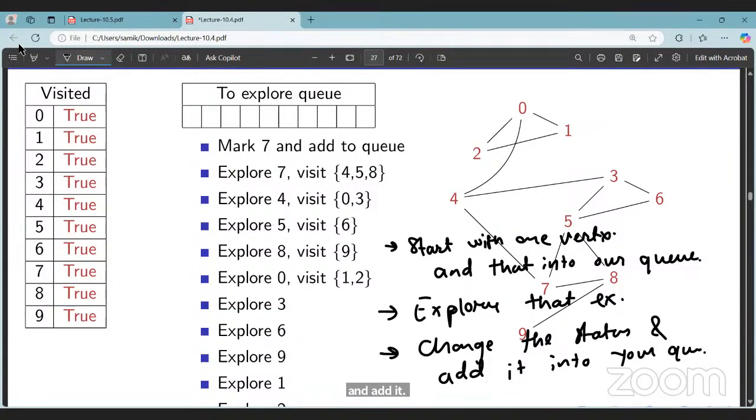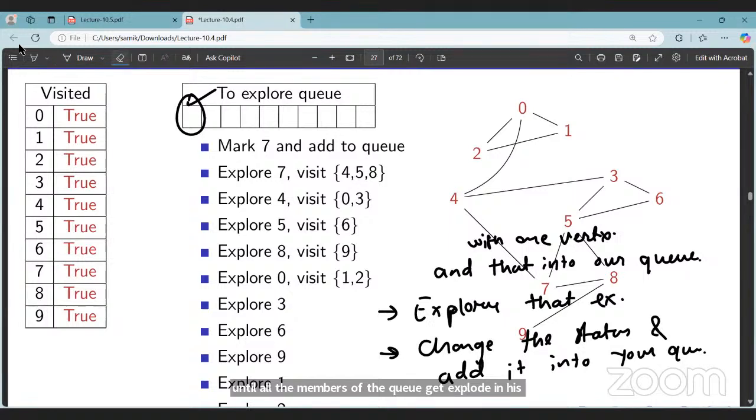In our queue, we follow the first come, first out principle. So whatever vertex is first, we'll explore that vertex next, and repeat this process until all the members of the queue get explored. That means the queue gets empty. When our queue is empty, we'll stop our BFS. So this is a BFS scan.